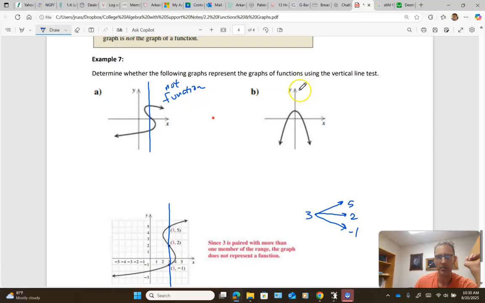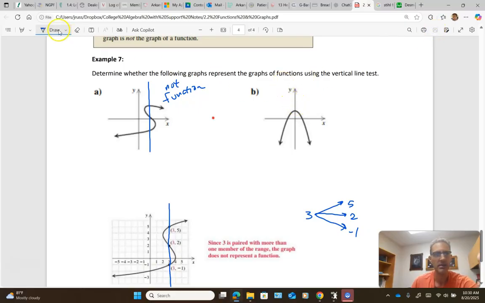Okay, what about part B? Well, you could actually know the answer to this one without even using the vertical line test, because that's a graph of a parabola. And we know that a parabola comes from a quadratic function. So we know beforehand that this is already a function because we were discussing quadratic functions.